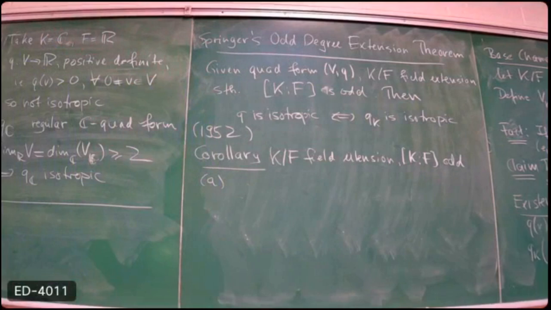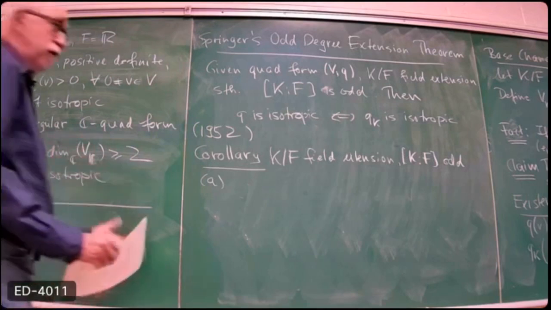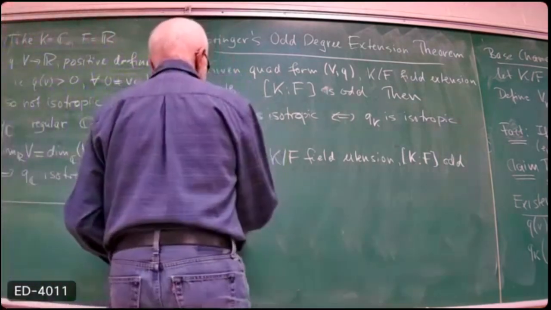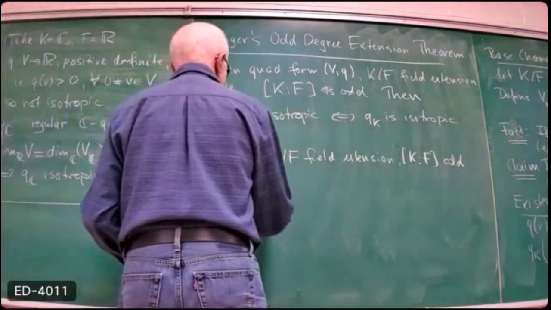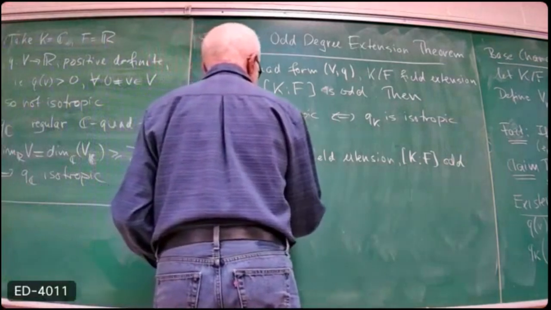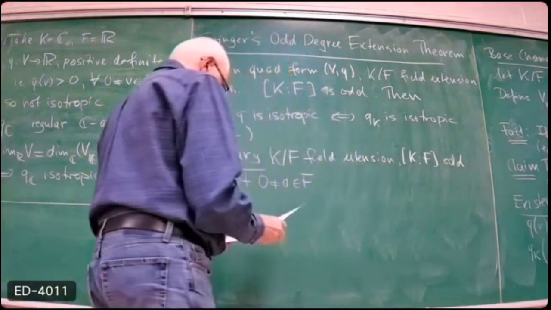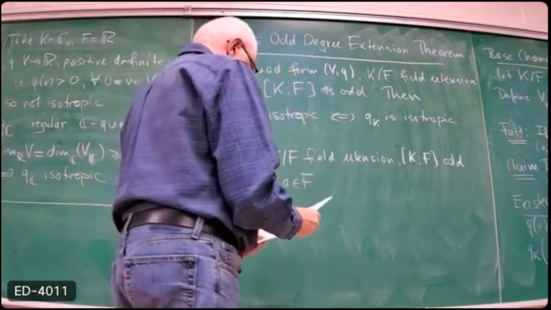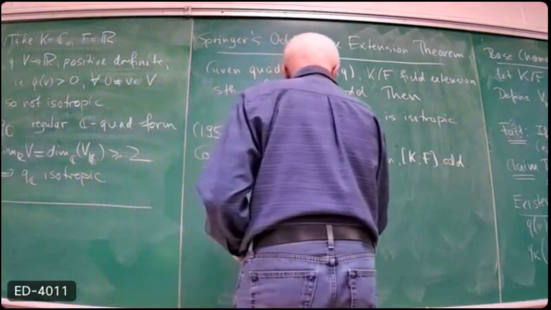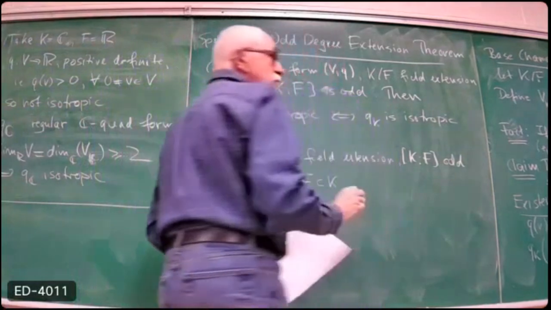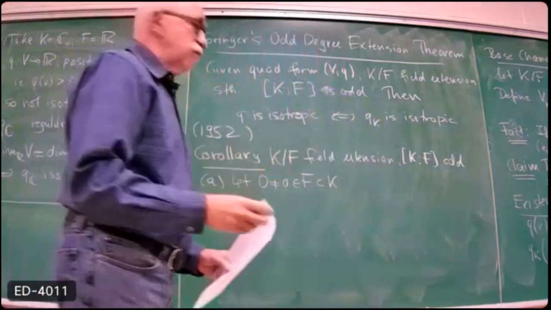Right? So this deals with the value 0. But you could ask the same for a non-zero value. The following form. Suppose you have a non-zero A in F, and Q a quadratic form over F.